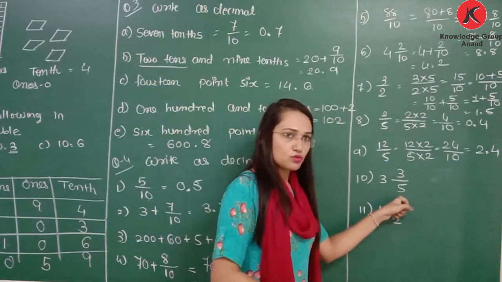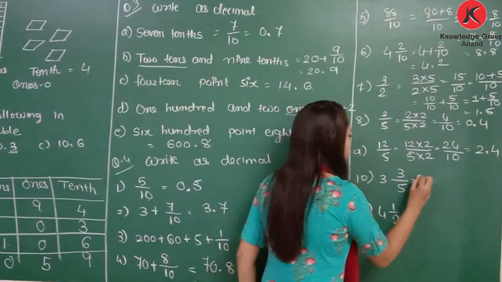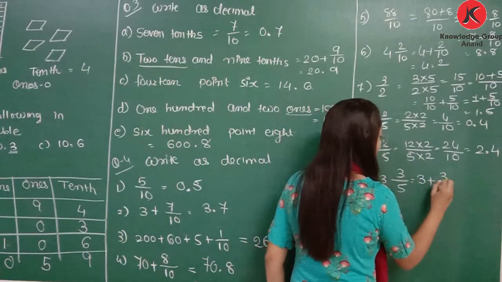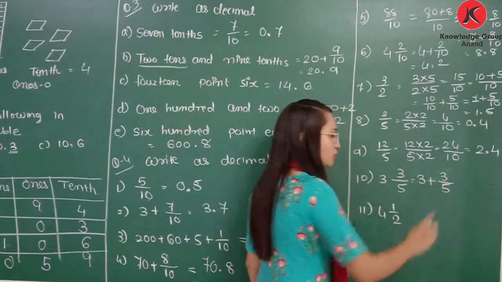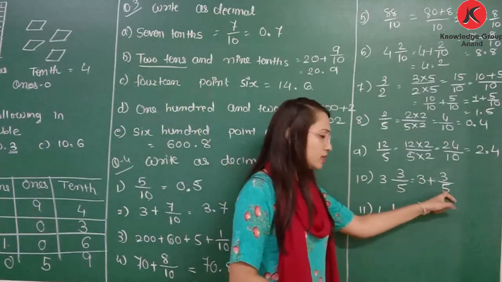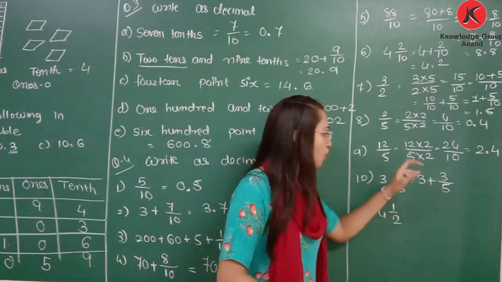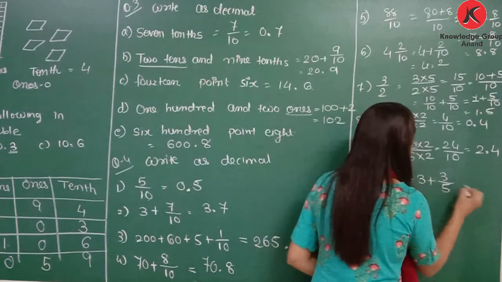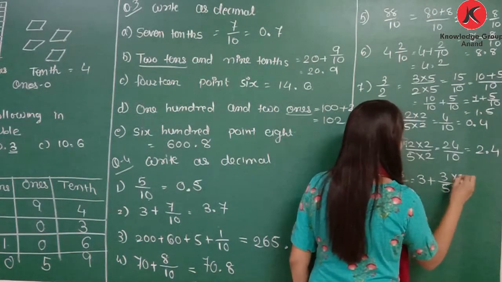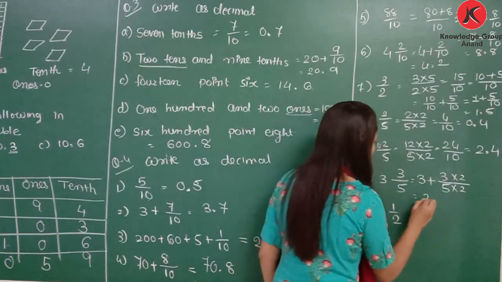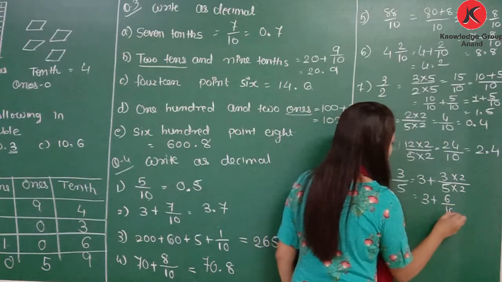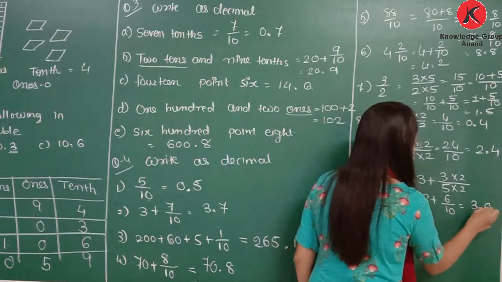3 by 5. So here you can write 3 plus 3 by 5. Now we need to get denominator 10 here to convert it into decimal, so let's multiply with 2. So 3 plus 6 by 10. So it is 3.6.